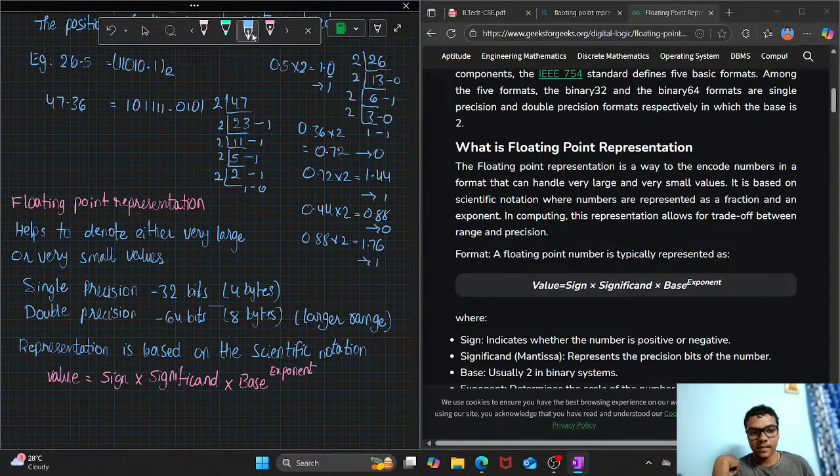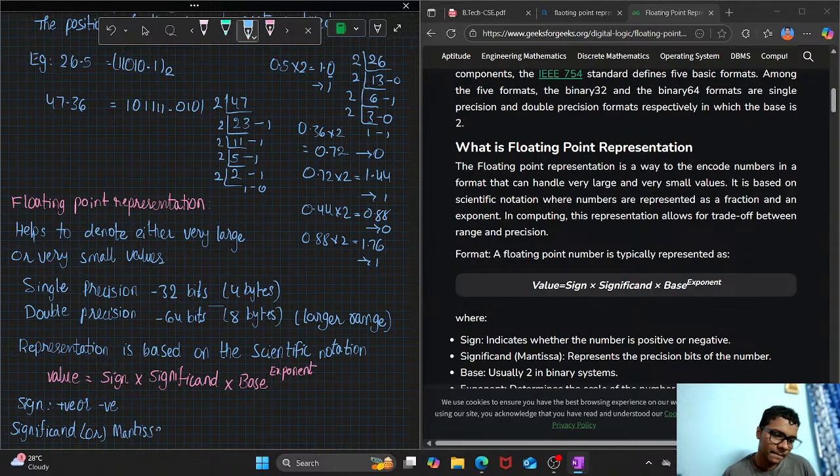This is how we represent it. Sign indicates whether positive or negative, and the significand or mantissa represents the precision bits, obviously.